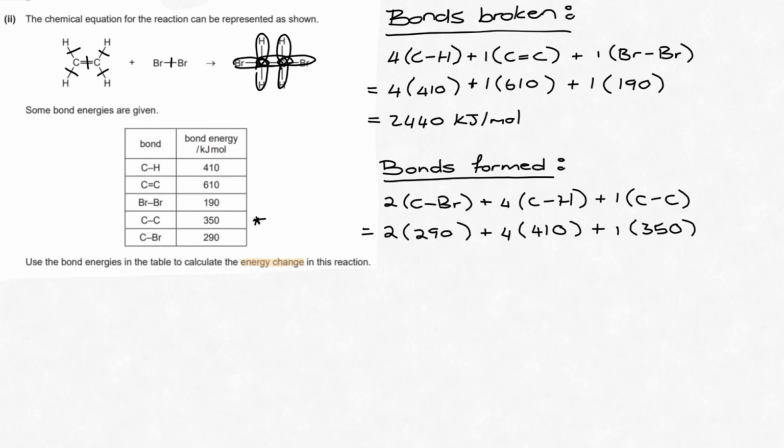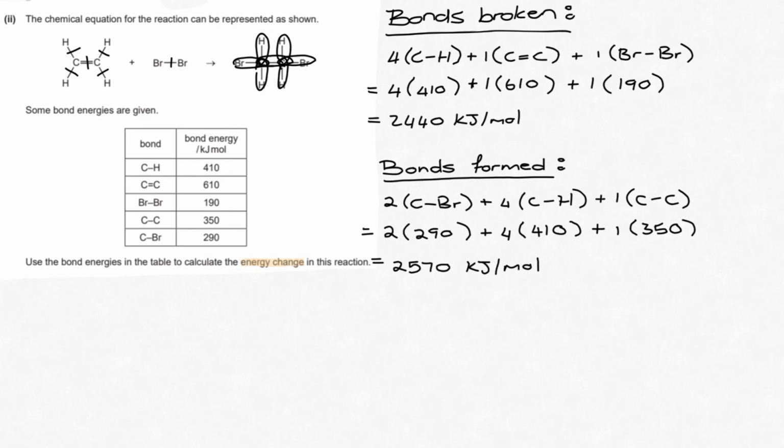Now remember, it's very important here to make sure that you understand what type of bond is in the reaction. Is it single bond or is it double bond? Now if I add all of these together, I get a total of 2,570 kilojoules per mole of energy that's being released when the bonds are formed.